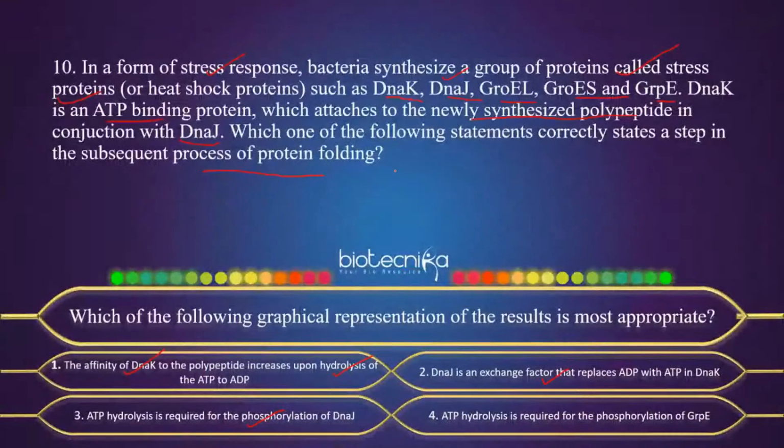So let's analyze the options over here. The affinity of DNA K to the polypeptide increases upon hydrolysis of ATP to ADP. Yes, this is the correct answer. Because when DNA K hydrolyzes ATP to ADP, upon binding with ADP, it has a conformational change which gives it more affinity towards the peptide.